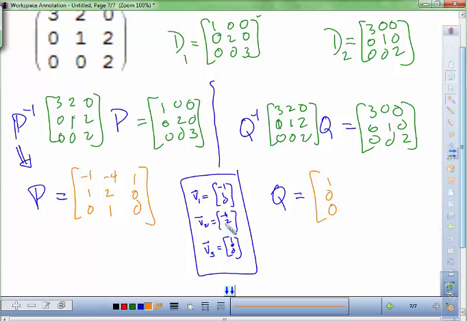Then 1 is next, negative 1, 1, 0, and then 2 is the last one, so that's negative 4, 2, 1. So these are your invertible matrices that would take this matrix and find a similar diagonal matrix in this particular order.